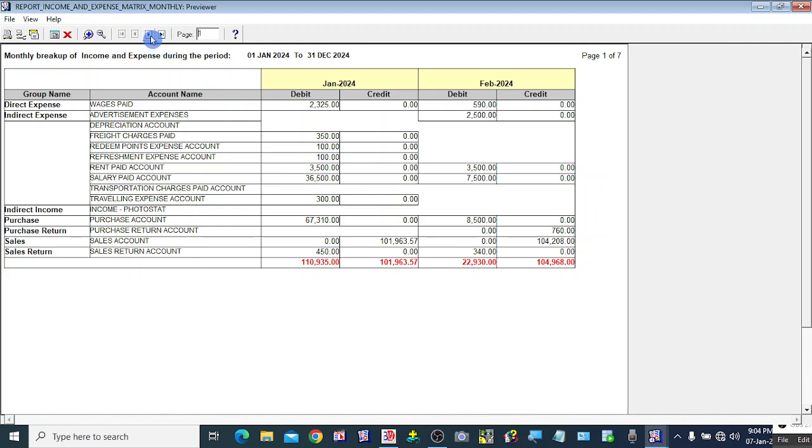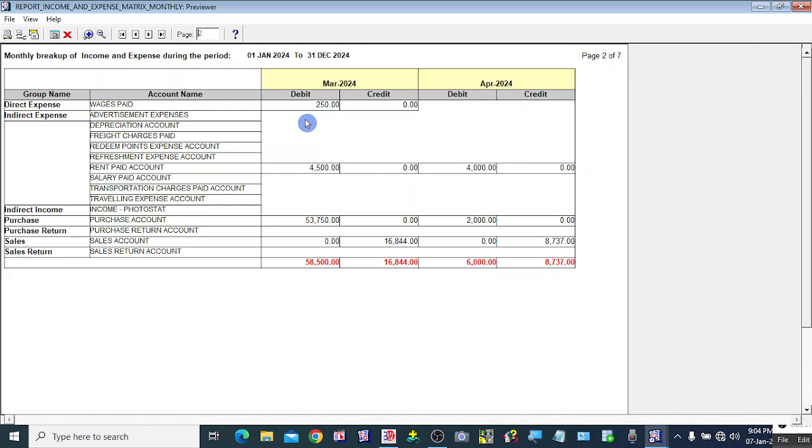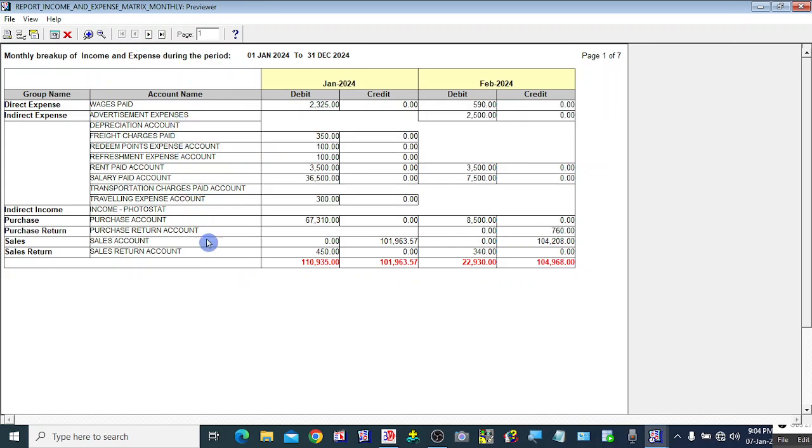By clicking this next page button, we can compare another month, March, where what we have paid towards wage is 250. So each expense and income we can see in this report, and we can very easily make a month-wise comparison.